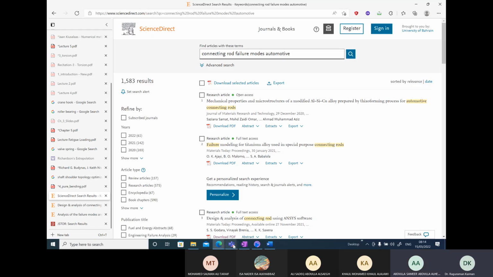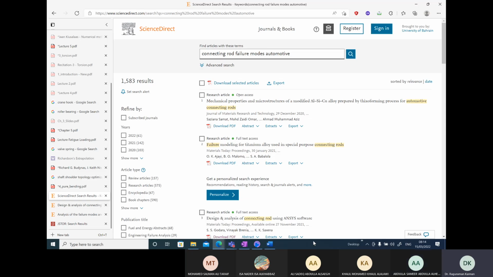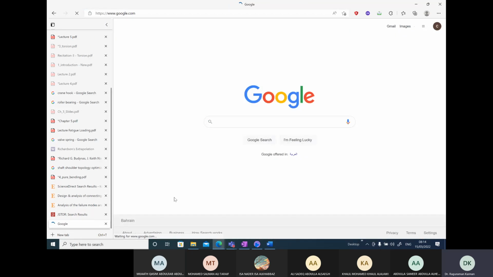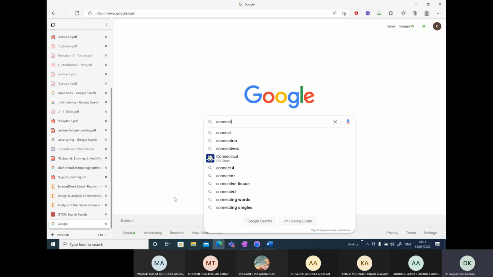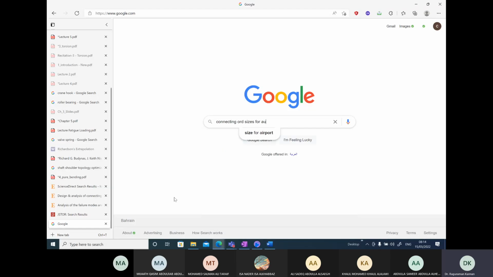Yes, doctor. Doctor, specifications I can get from the standards, right? The specifications you can get from brochures. Go Google search. You will see typical connecting rod sizes for automotive applications.